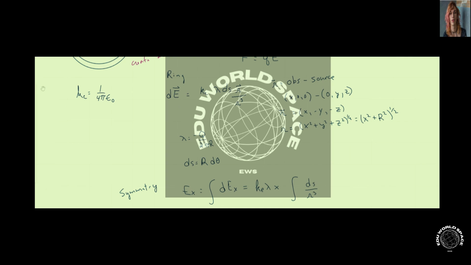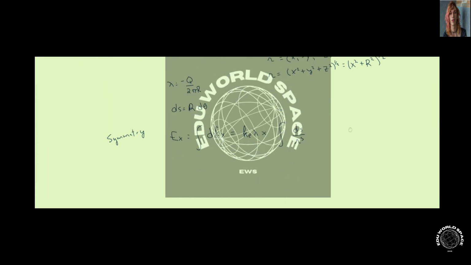It's the observation point coordinate. Okay, and we can fancy this up a little bit, put all the other stuff in there. Put in for the charge density. And the x. And our integral, r comes out, d theta from 0 to 2 pi, x squared plus r squared to the 3/2.